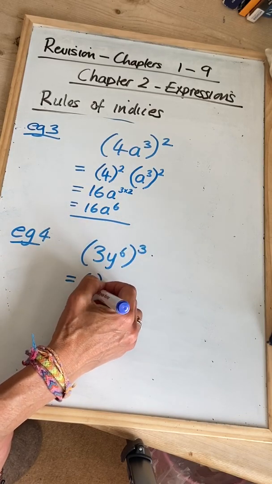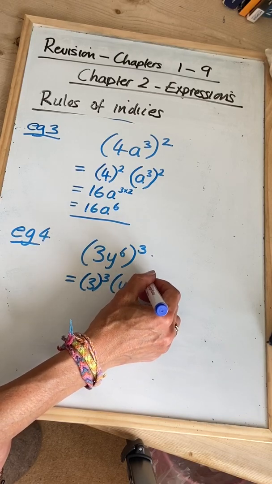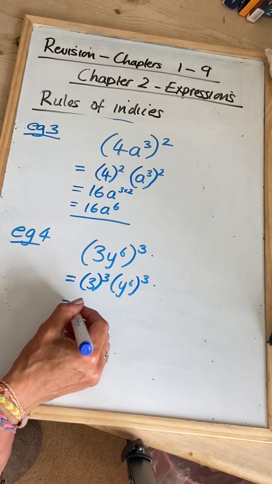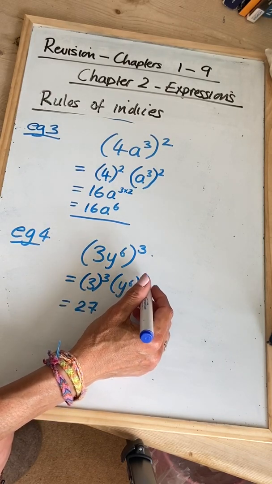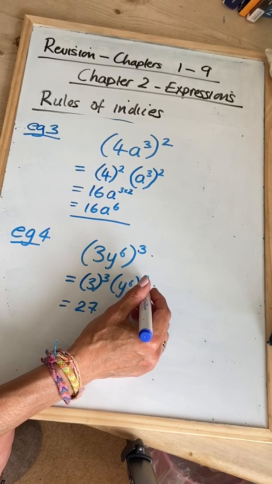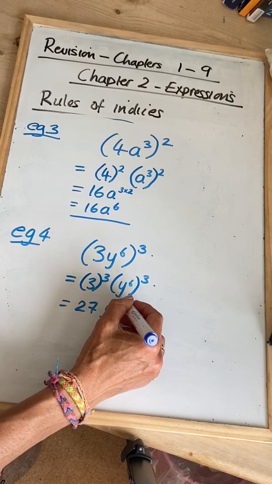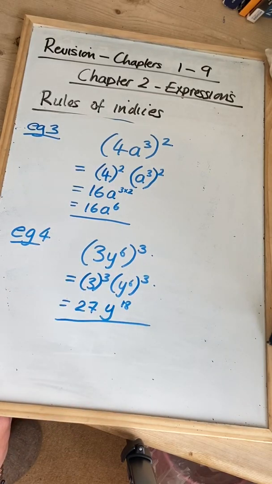So the 3 is being cubed, and the y to the 6 is being cubed. 3 cubed is 27. Y to the 6 raised to the power 3, we multiply those two powers together. We're going to get y to the 18. And that's that.